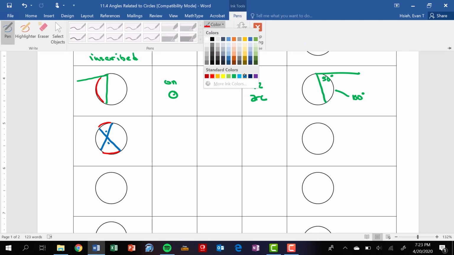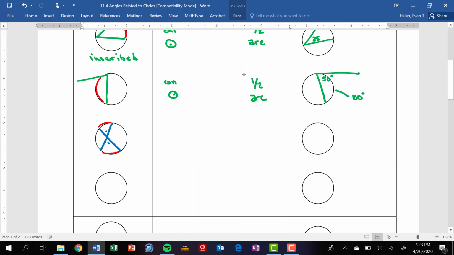And the vertex is inside the circle, and it's going to be half of the sum of those intercepted arcs. So if I have a chord, let me draw the chord in here, and this angle is 40, and this one is, say, 20, then I know it's going to be 40 plus 20 divided by 2, or 30 degrees. So that would be that angle right there, as well as the vertical angle across from it.